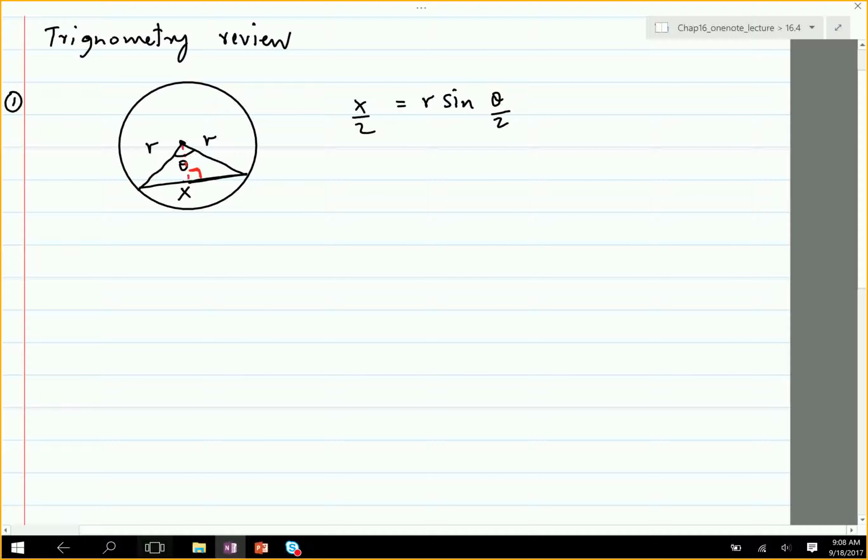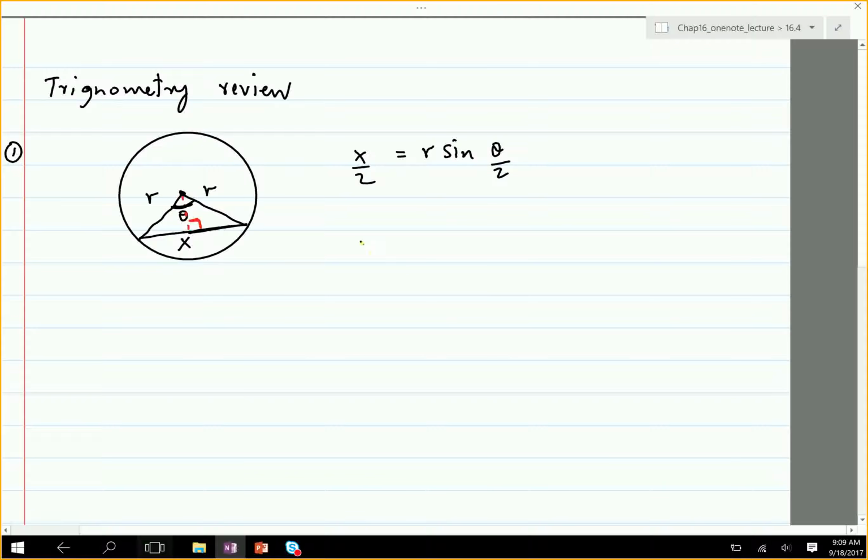The reason it's theta divided by 2 is because this angle is theta, and what we're interested in is half that angle. So we can use the sine relation, right? So x is 2r sine theta by 2.